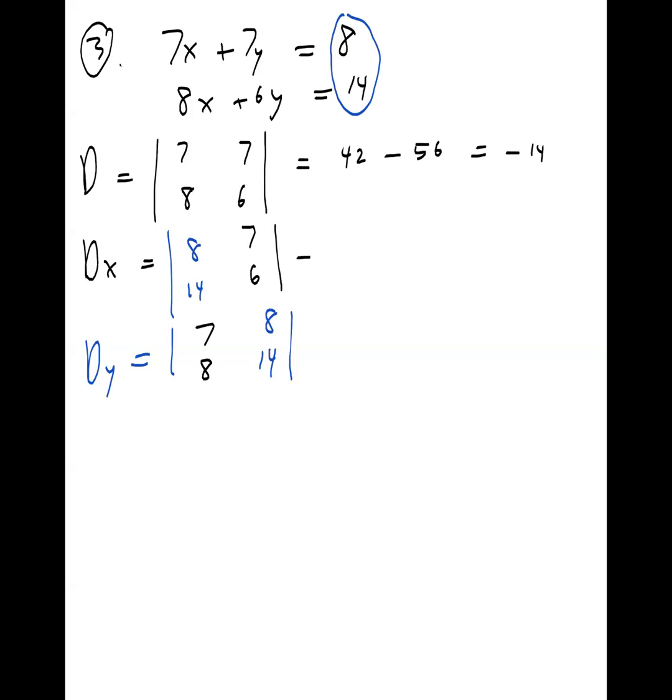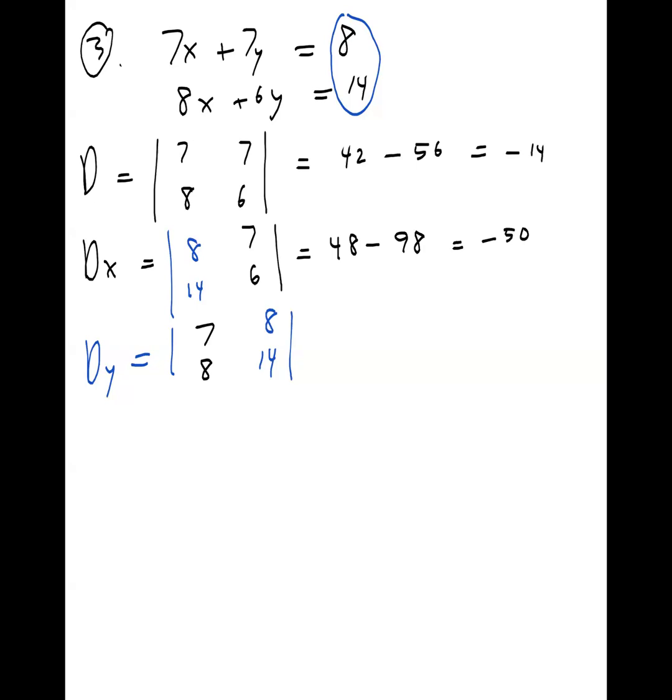So the determinant of x is equal to 48, because it's 8 times 6, first corner times last corner, minus the other two corners, 7 times 14. That'd be 98. So we get negative 50.